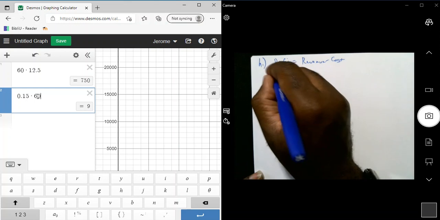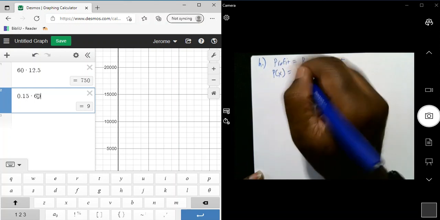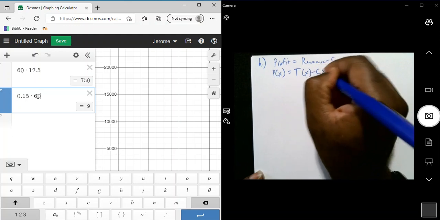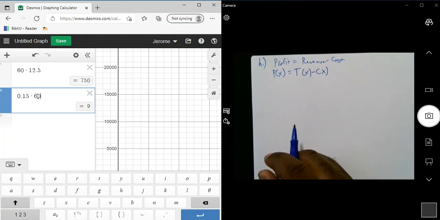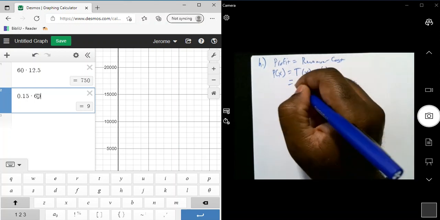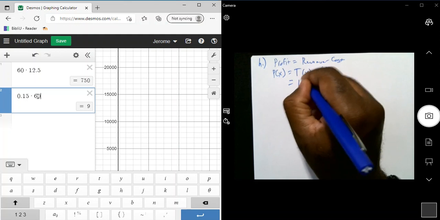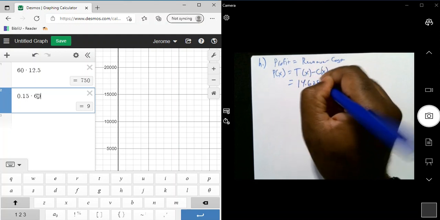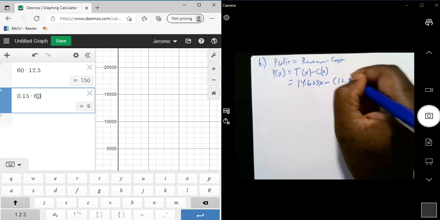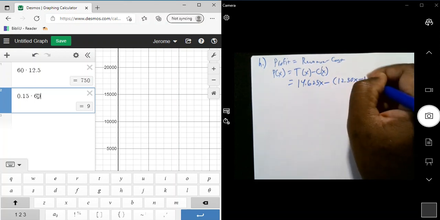All right, so we'll do P of X is equal to T of X minus C of X. Now remember, T of X we got in G, and then C of X we had got in B. So T of X is 14.625X minus C of X, which is 12.50X plus 100.